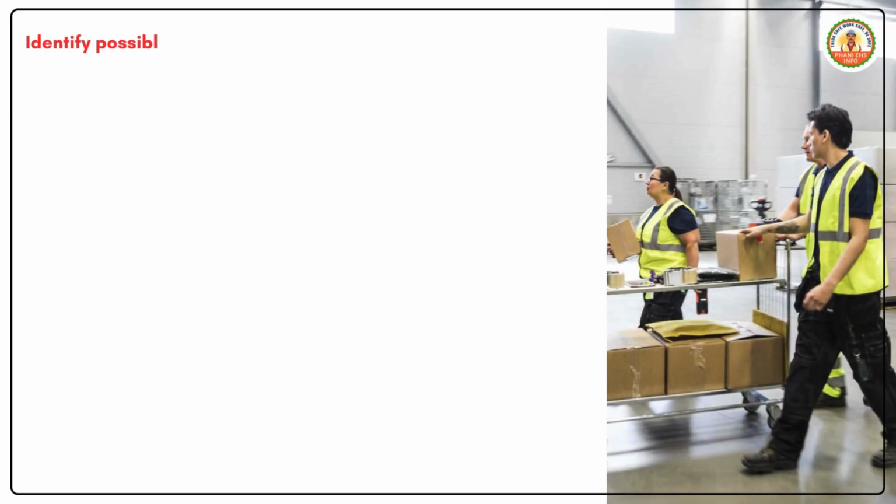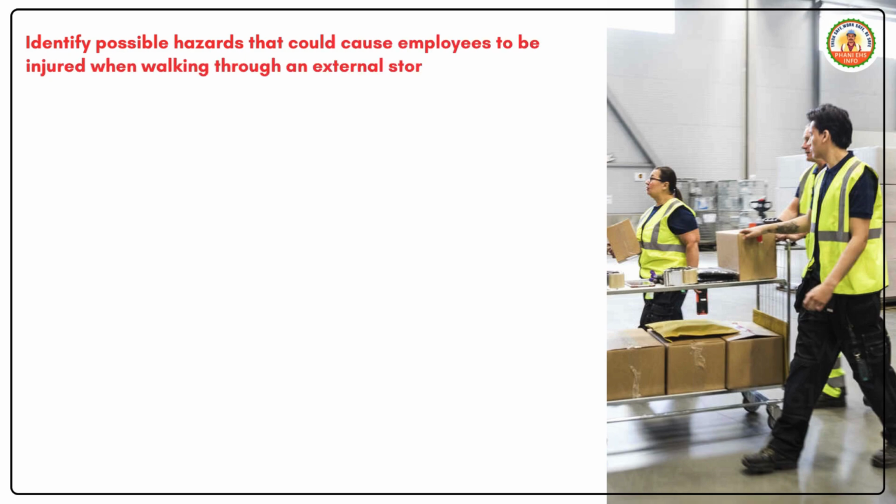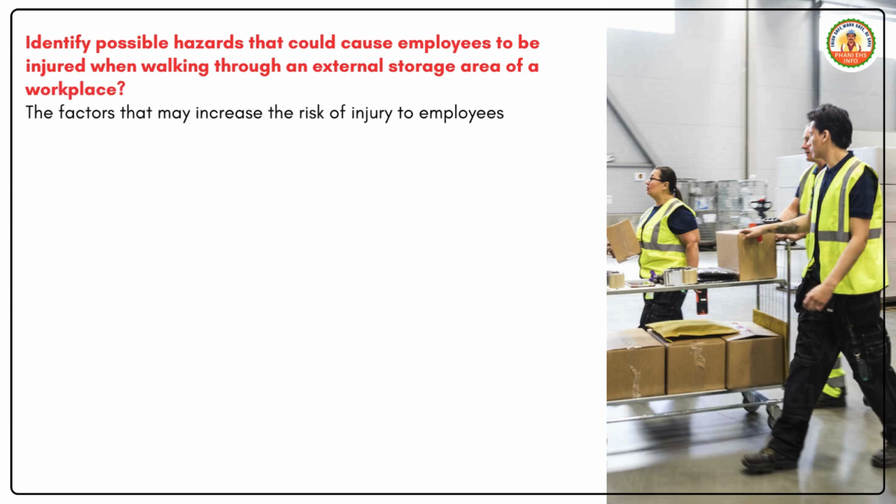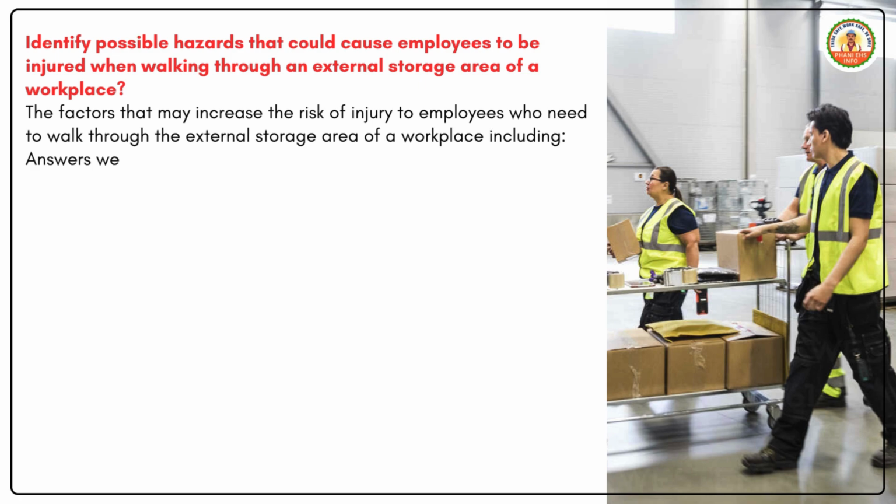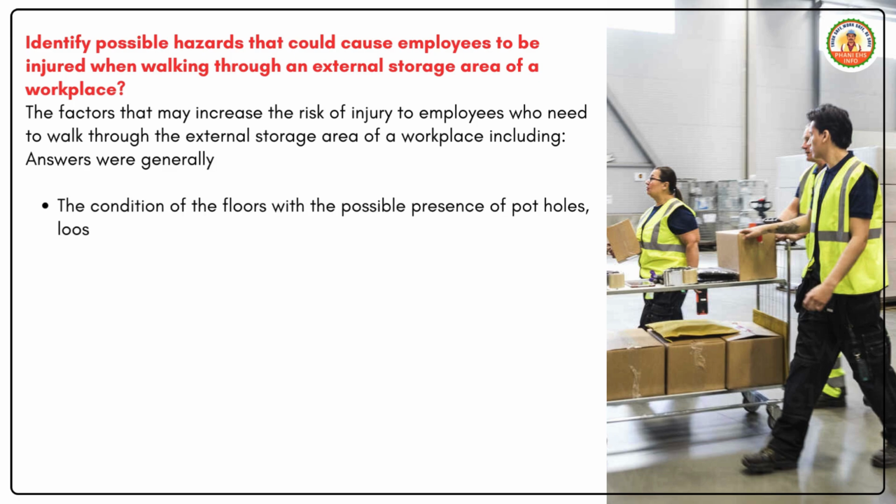Identify possible hazards that could cause employees to be injured when walking through an external storage area of a workplace. The factors that may increase the risk of injury to employees who need to walk through the external storage area of a workplace include the condition of the floors with the possible presence of potholes, loose coverings, oil and water. The presence of obstructions in the walkways.